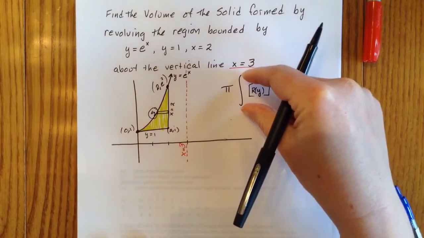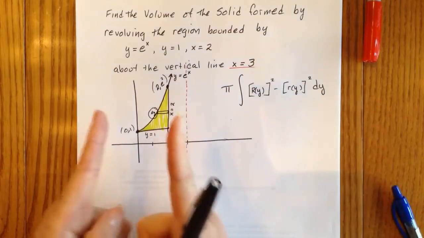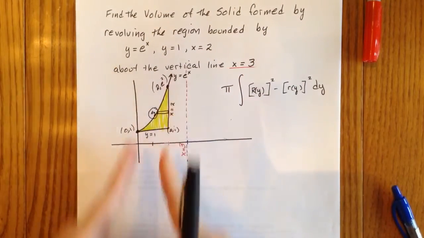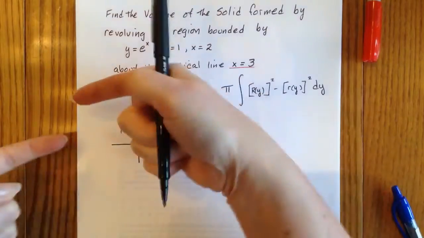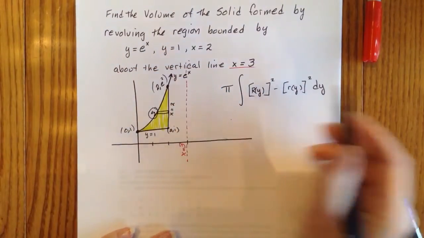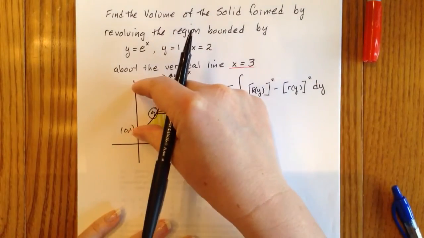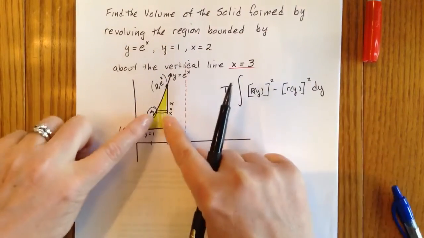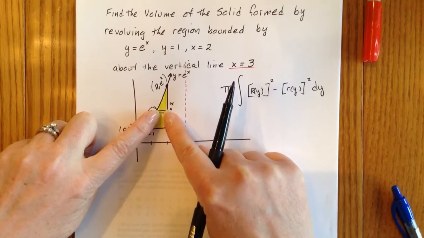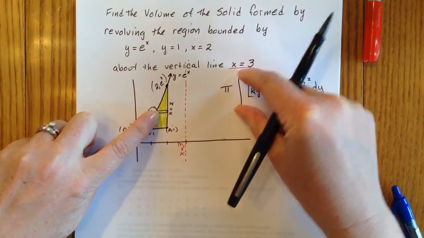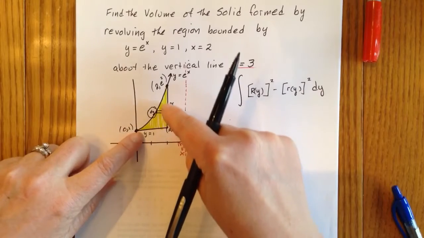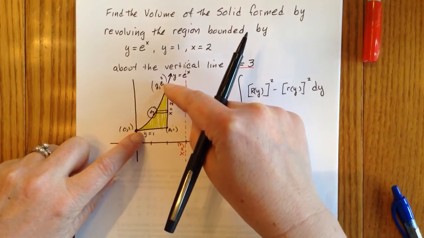Furthermore, our limits of integration will not be x-axis limits. They need to be y-axis limits, values on the y-axis. When we draw in these little rectangles, we need to show with the limits of integration where we go from the lowest to the highest.